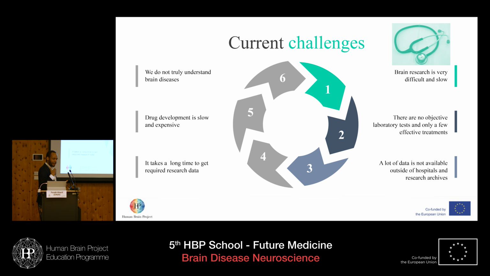Often when the symptom appears, the damage is already very profound. For example, in Parkinson's disease, which affects certain basal ganglia regions, they're often affected by 70% when you start to see the first tremor, the visible sign. So this makes it difficult, because it's not as visible as other types of disease.